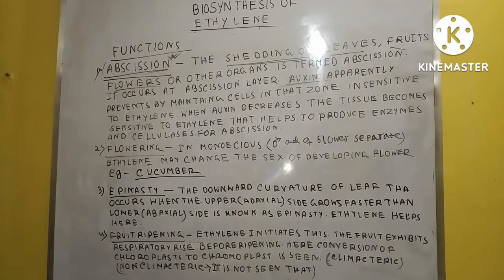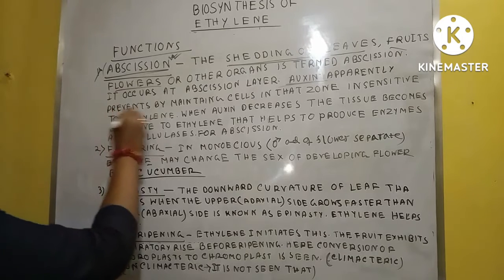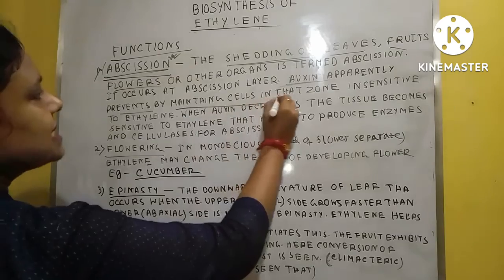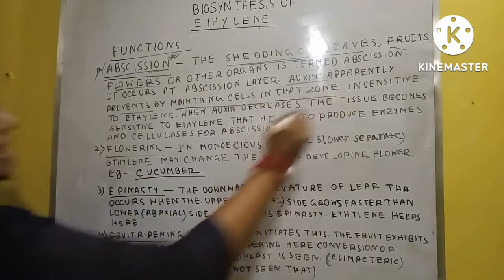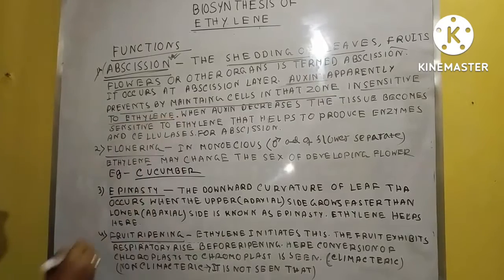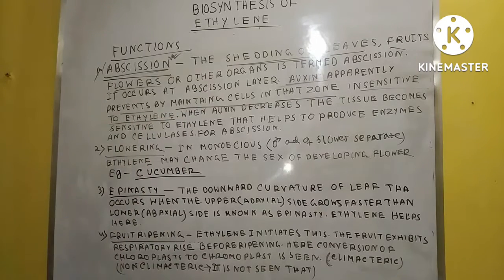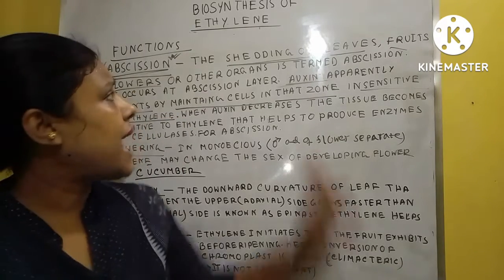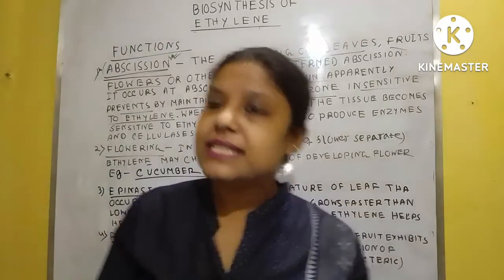Before the abscission process, when the auxin level is high, it prevents abscission by maintaining the cells in that zone insensitive to ethylene. That means in the abscission layer there are many cells.